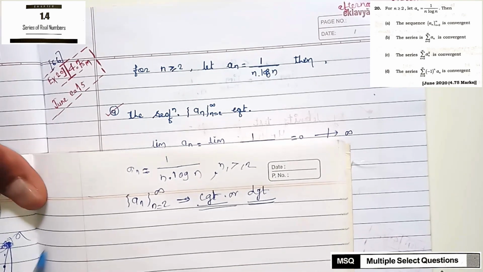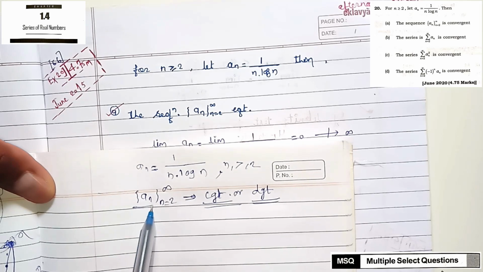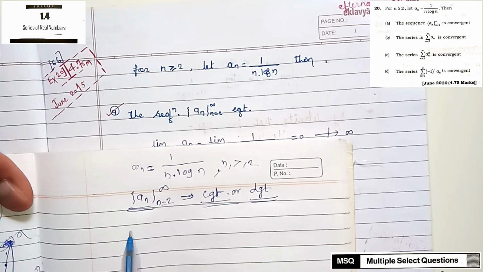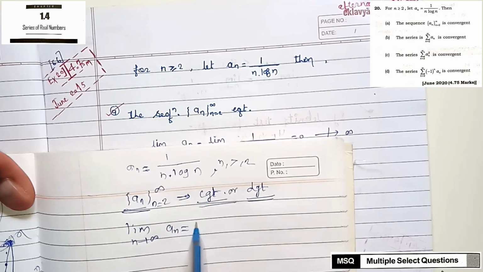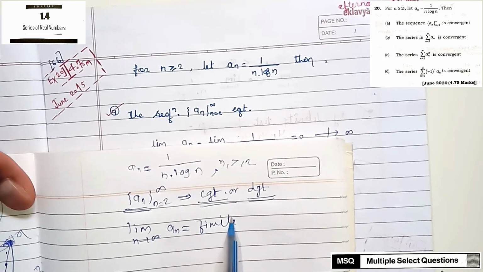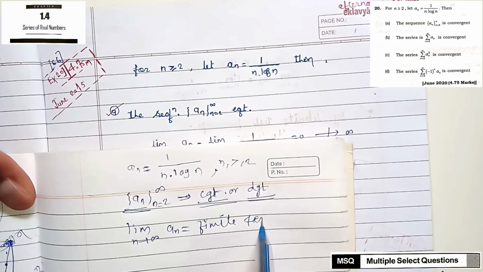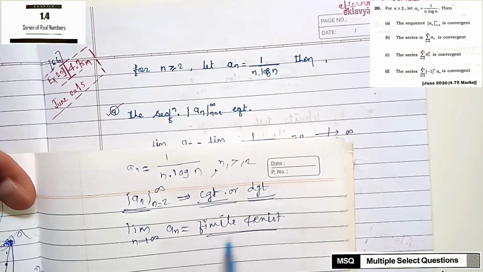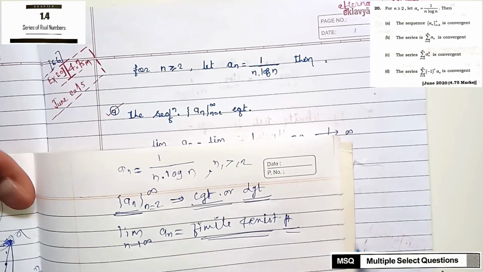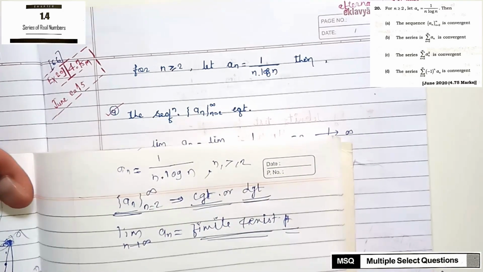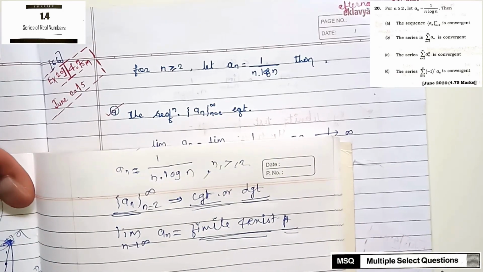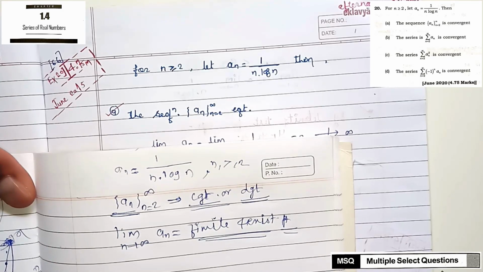So here we can see, if we apply the limit as n tends to infinity of a_n, and we get a finite, existing point, then we say that the sequence converges to that particular point.